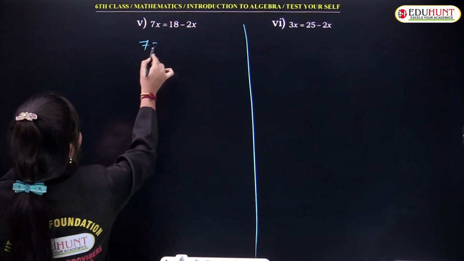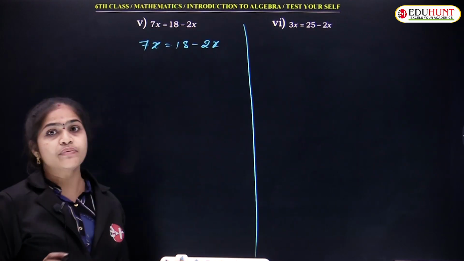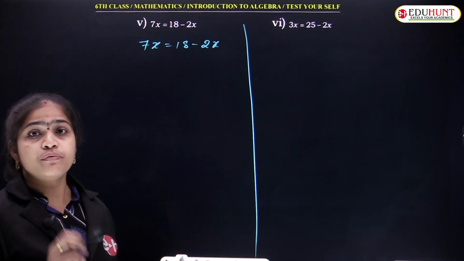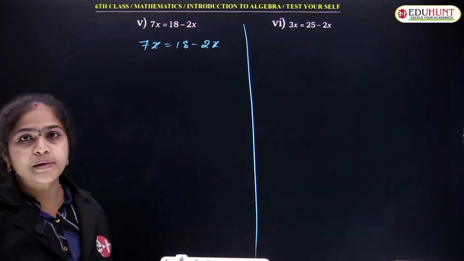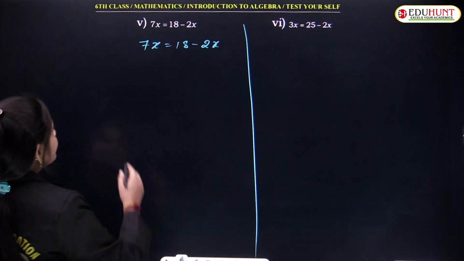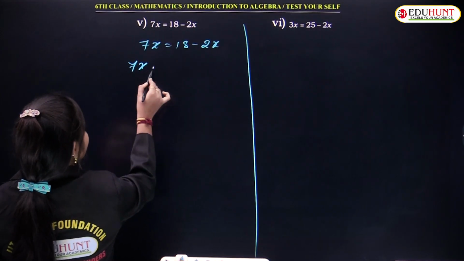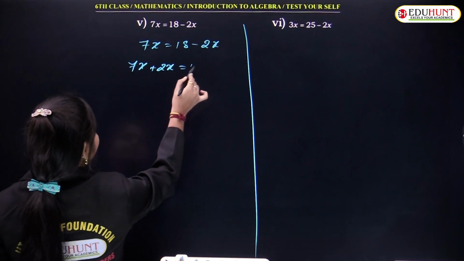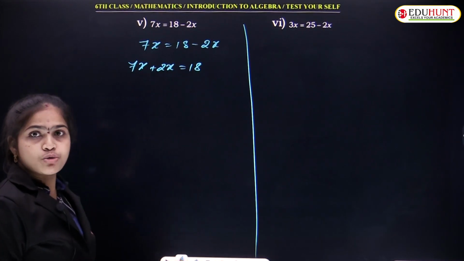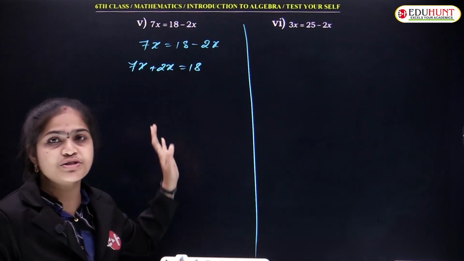7x is equal to 18 minus 2x. See here, both sides have the variable term. So variable terms we have to write on the LHS side. We can convert them into LHS, no? So 7x and minus 2x becomes plus 2x. Transpose minus 2x from RHS to LHS, then minus 2x becomes plus 2x.